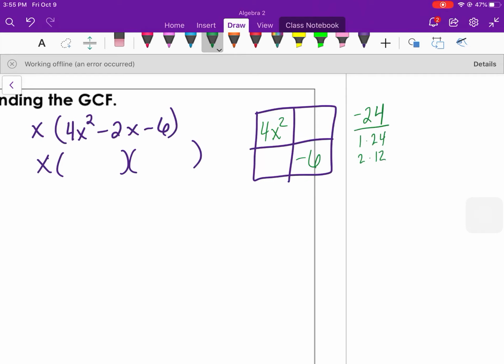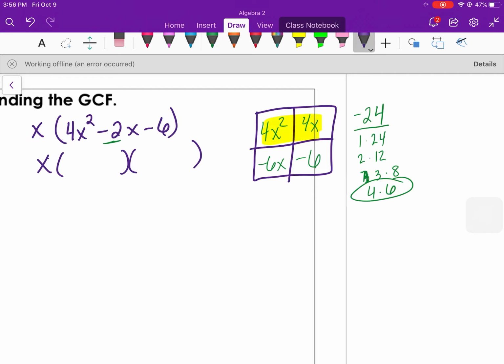So 1 and 24, 2 and 12, 3 and 8, 4 and 6. 4 and 6 I can make 2 with. The 6 will have to be negative though to get the -2. So then I put 4x here and -6x here, or vice versa.